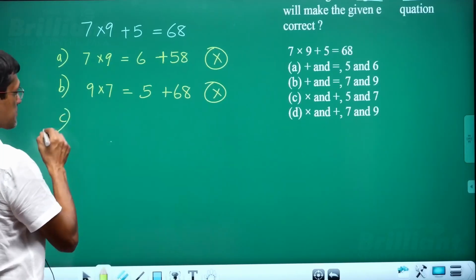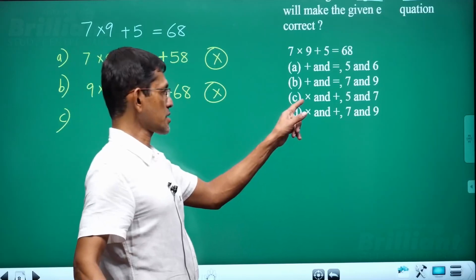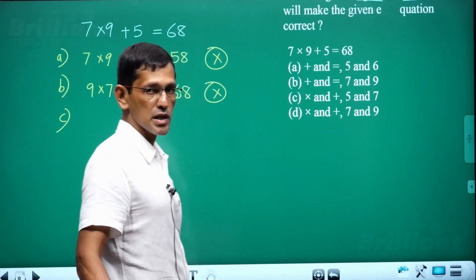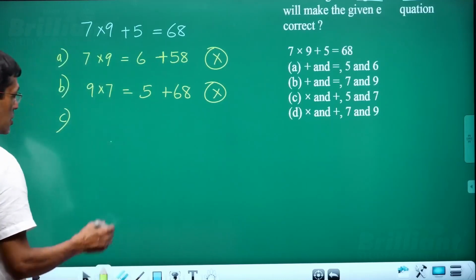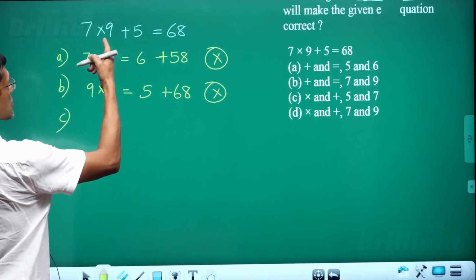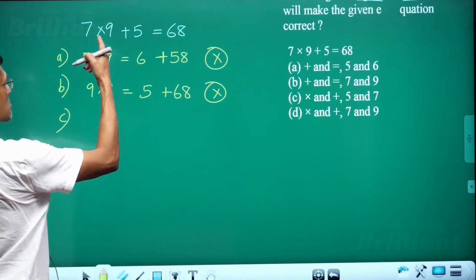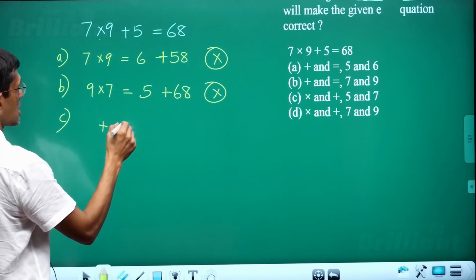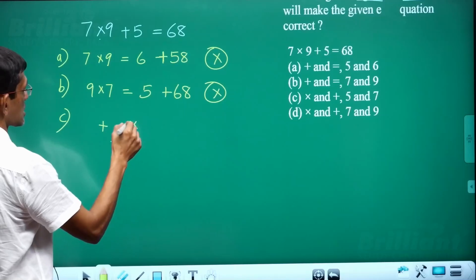Now answer choice C. The symbol changes are into and plus, multiplication and addition. This is the original equation, this is multiplication, this is addition. So we have plus here, we have multiplication here.